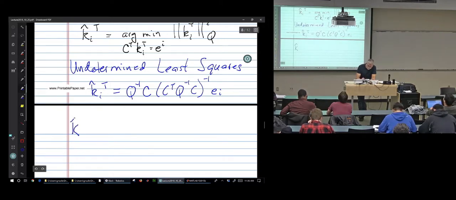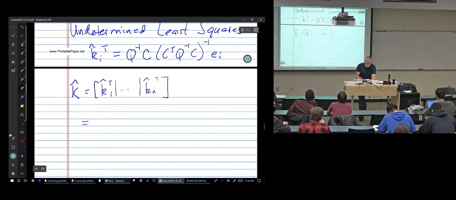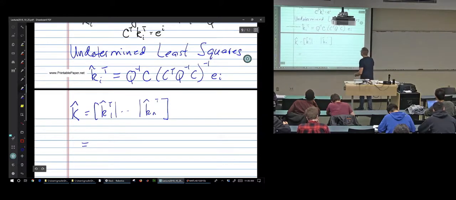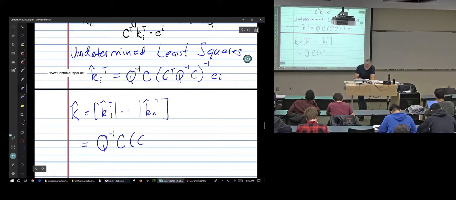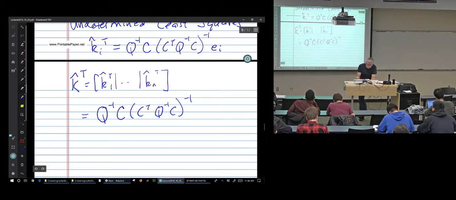And so K hat, that's K hat transpose 1 dot dot dot K hat transpose n. So this is the ith column of it. When you do it, you get Q inverse C, C transpose Q inverse C inverse. Whoops, transpose.